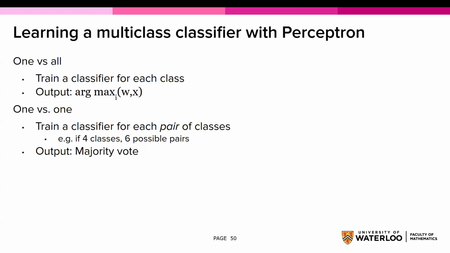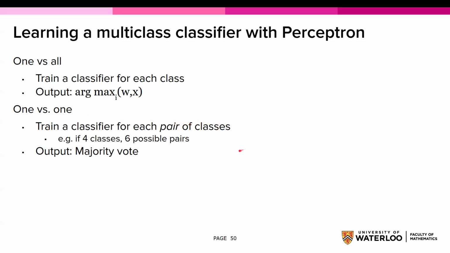So if you have K classes, you train K classifiers, and then you output the argmax across those lower level classifiers. Another possibility is one versus one.